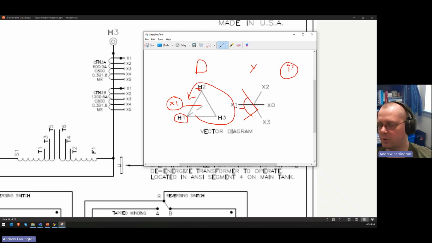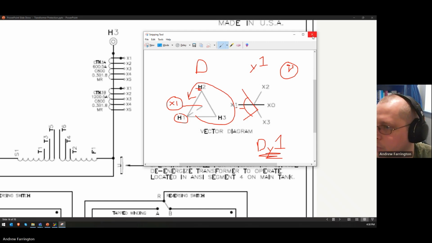These are separated by 30 degrees. So if D is at 0, which is a convention because it's the high voltage winding, Y would follow by 30 degrees and would therefore be at 1 o'clock. So this is a Dy1 transformer. That's how you determine that based on the vector diagram if it doesn't give it to you directly.